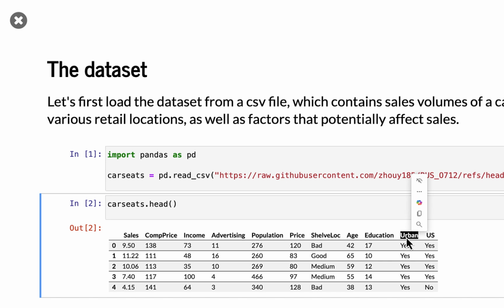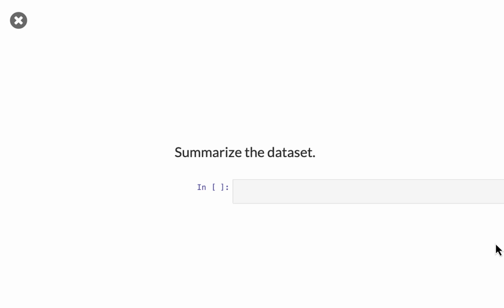Urban is urban area versus rural area, yes or no. And US, in this data set, means whether or not that retail location is in the United States. It's actually a real data set from a car seat brand in the United States. If it's yes, then the retail location you're looking at is in the US. Otherwise, it's maybe in Canada or other countries. So that's basically what's going on in this data set.